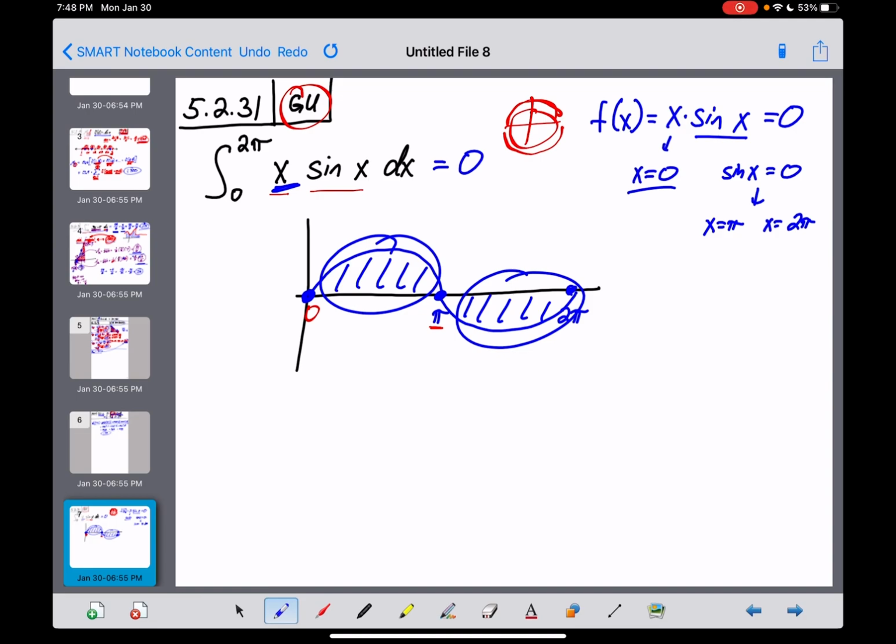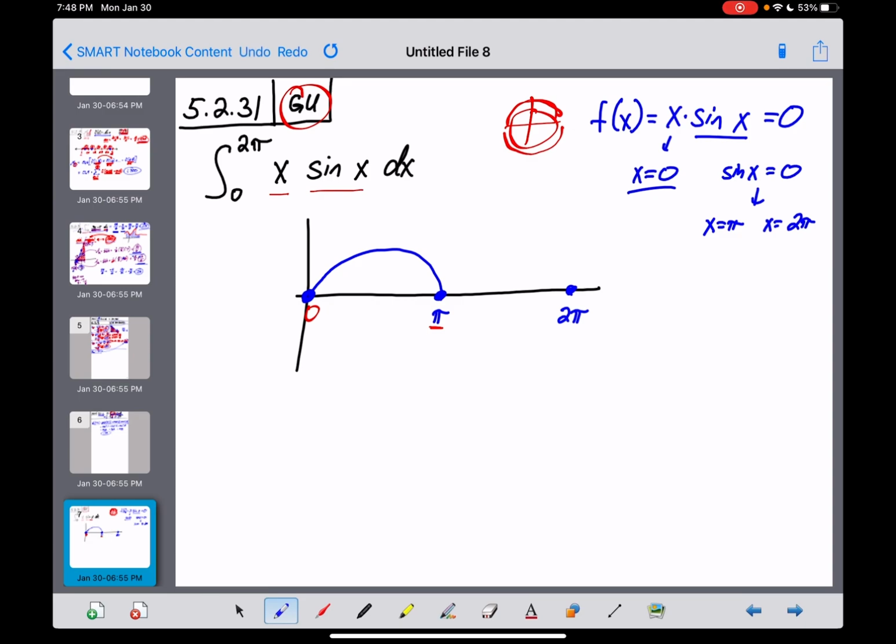I think that this negative region here is actually going to outweigh the positive region. I think this thing is actually going to look a little more like this. Or maybe I didn't even do that enough. Maybe it's going to come down even more than that. So my guess is this upper region is going to be smaller in area than this lower region here.